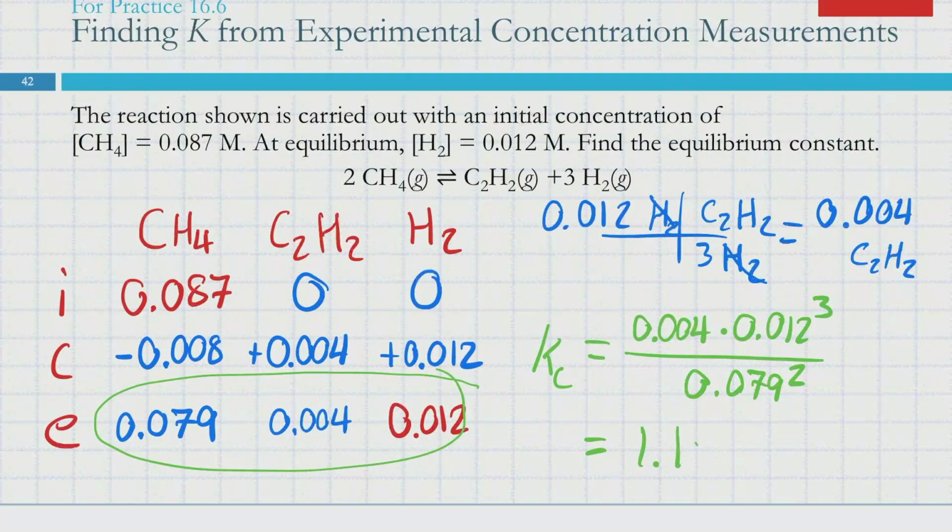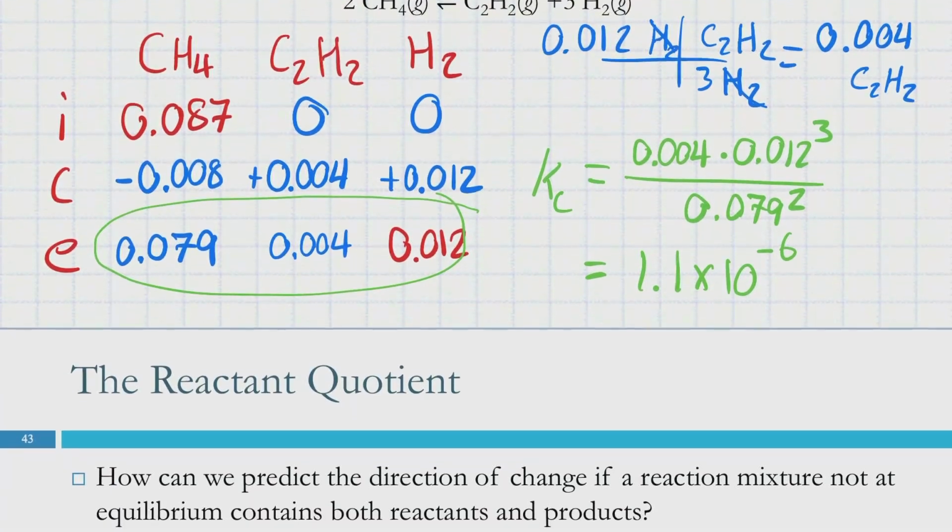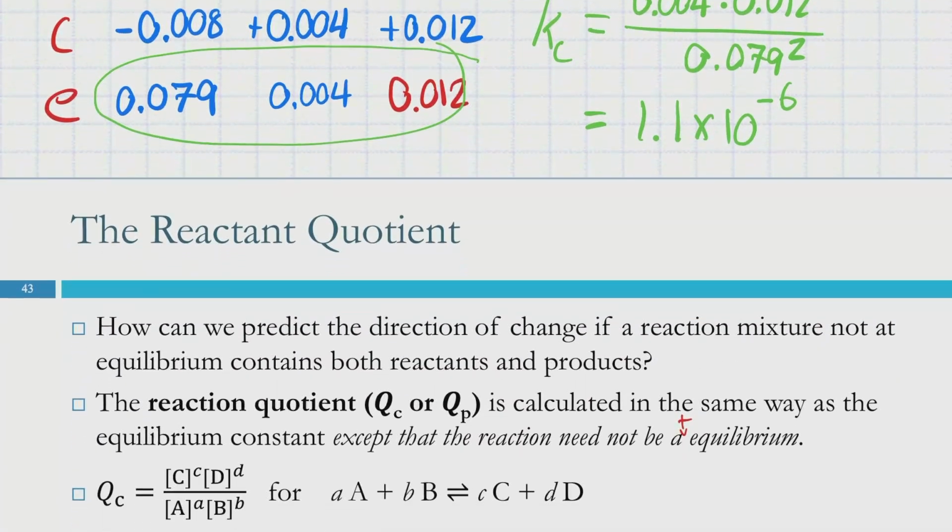So it's 1.1 times 10 to the, I think it's minus 7, 6. Questions? All right, so that's our intro to ice tables.